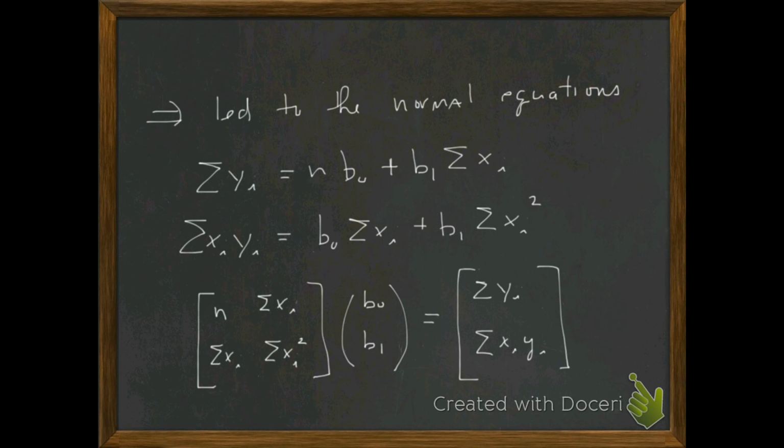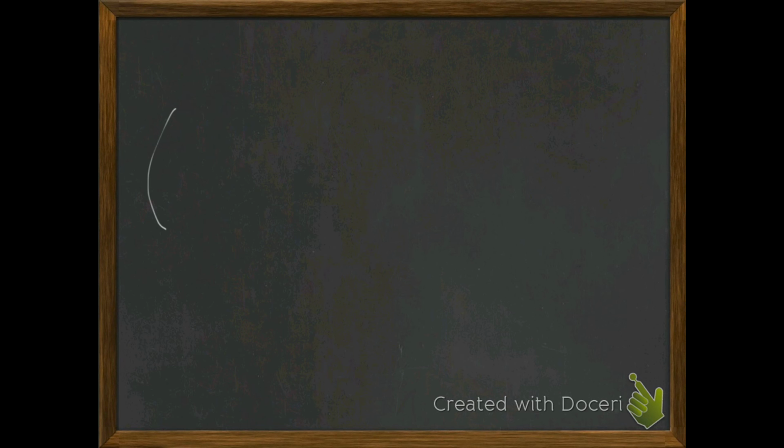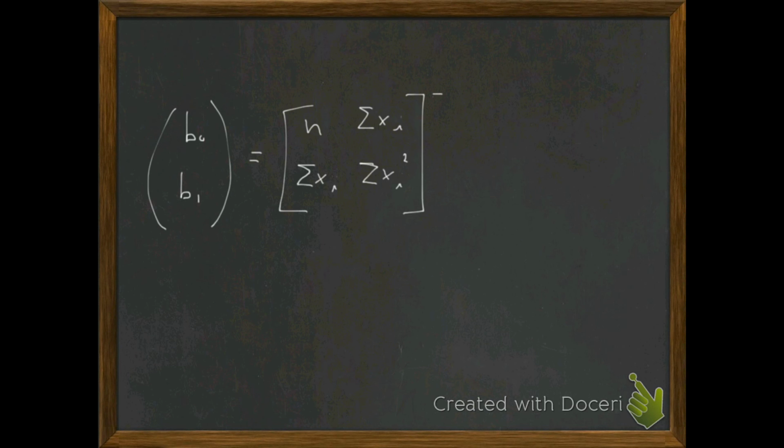Leads to this, which clearly, guys, can lead to us finding our values for beta 0 and beta 1 by multiplying these two matrices.